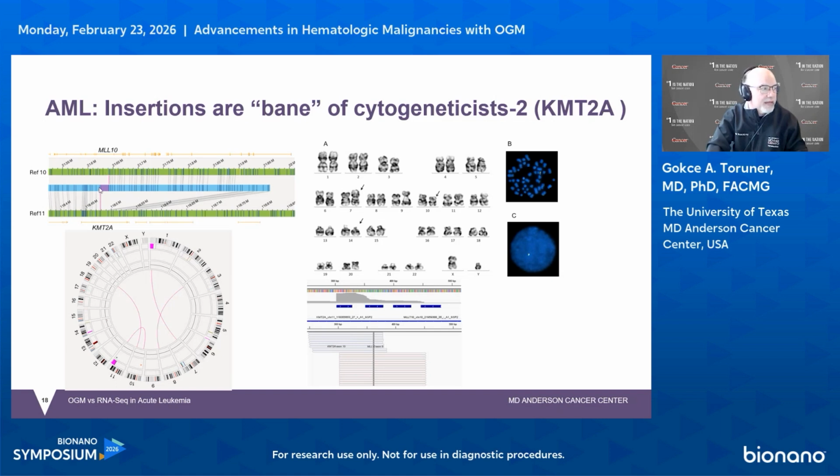So what we have is that KMT2A is here, KMT2A is here, and in between it is MLLT10. So it is an unequivocal demonstration of the insertion by optical genome mapping.